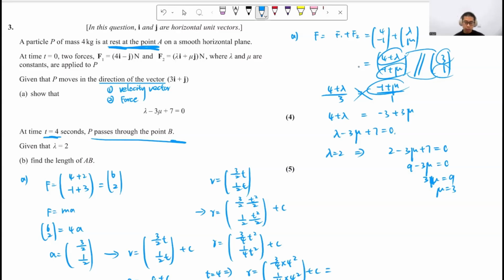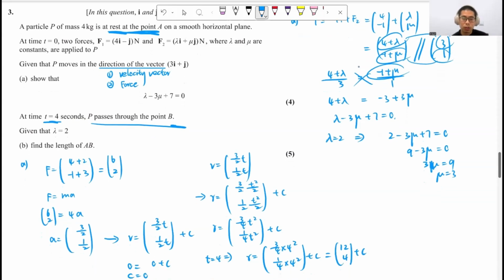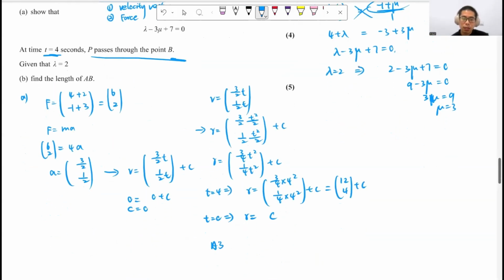Putting into the calculator, 3 over 4 times 4 squared is 12, and 1 over 4 times 4 squared is just 4, plus c. If we let t equal to 0, r is just c. So the vector AB should just be (12, 4) plus c minus c, which is just (12, 4).